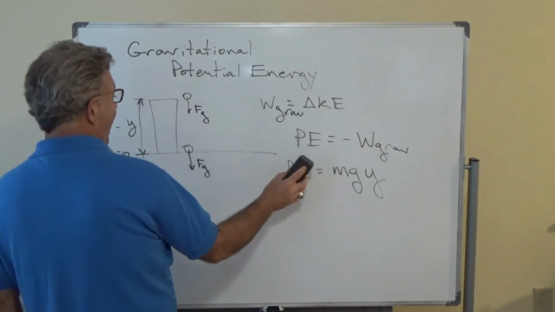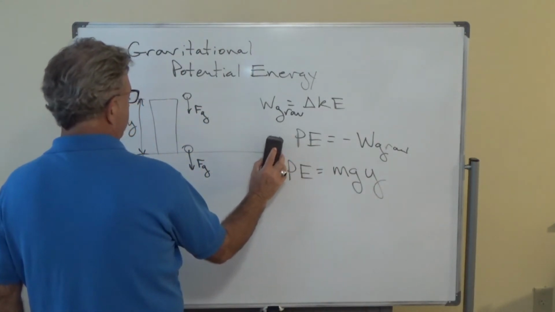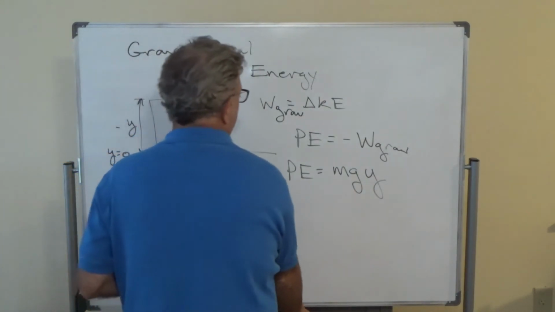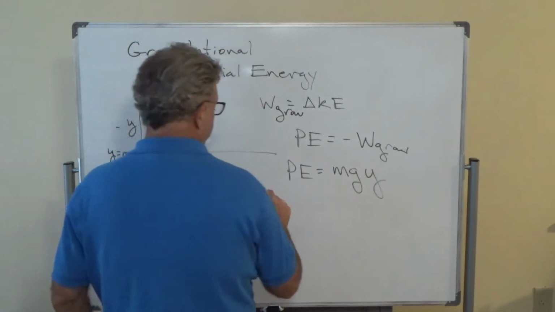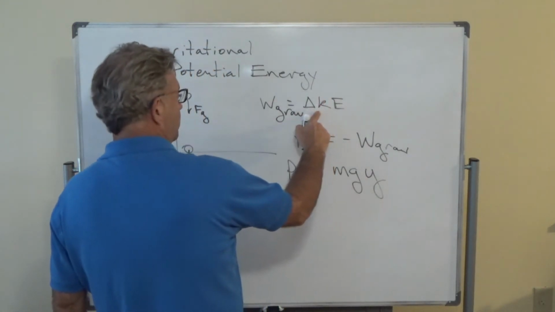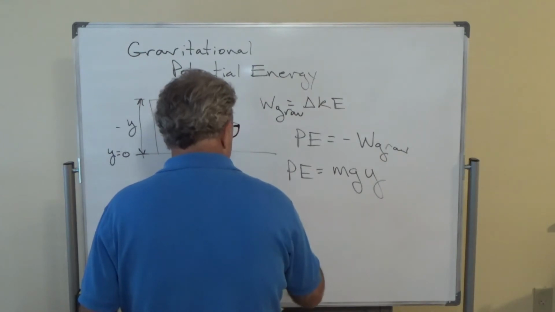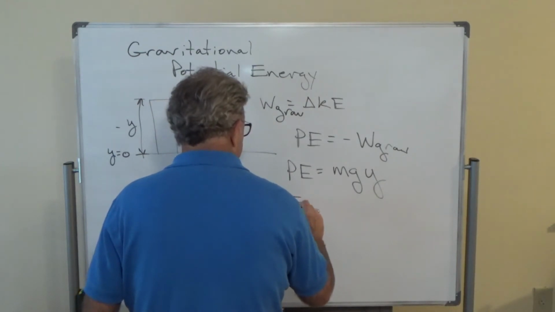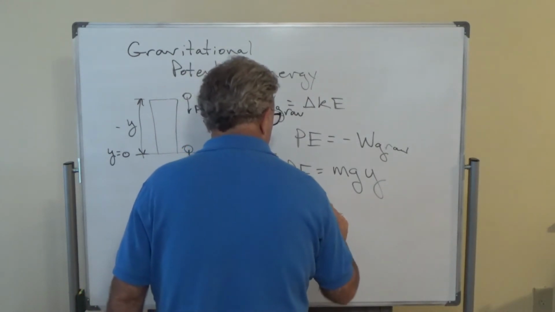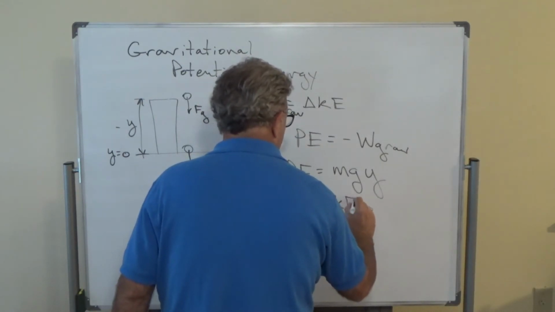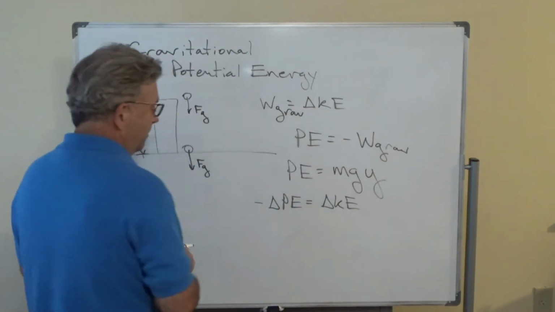Let me show you that. I'm going to leave this up here. So the work done by gravity is equal to delta KE. So the negative of the change in potential energy is equal to delta KE. All right.